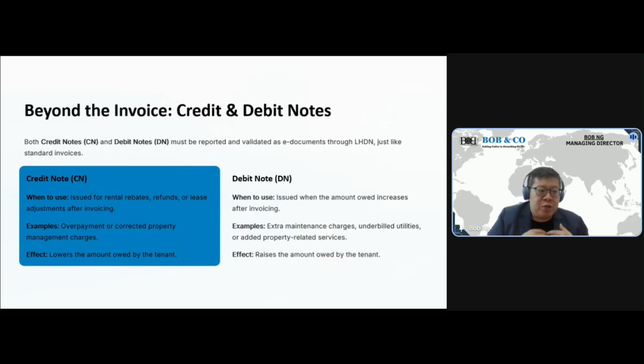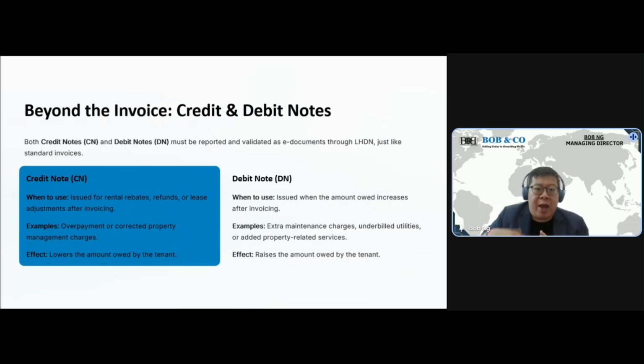For example, if you issue a $1,000 rental invoice to your tenant, and you realize it's an overcharge because maybe the tenant only stayed 28 days instead of 30 days, what we could do, besides reissuing the invoice, is to issue a credit note to reduce the balance of the invoice. On the other hand, a debit note would simply mean that we have issued too little of the actual amount that we want to bill.